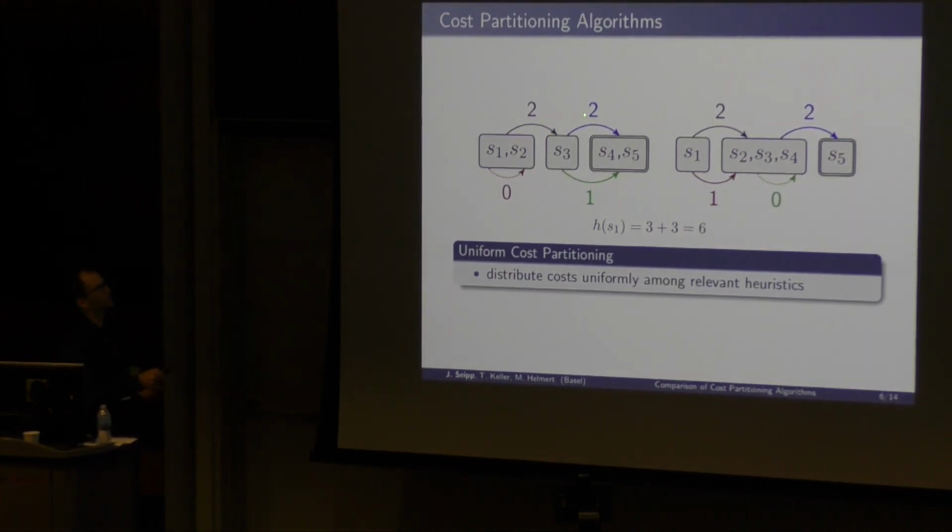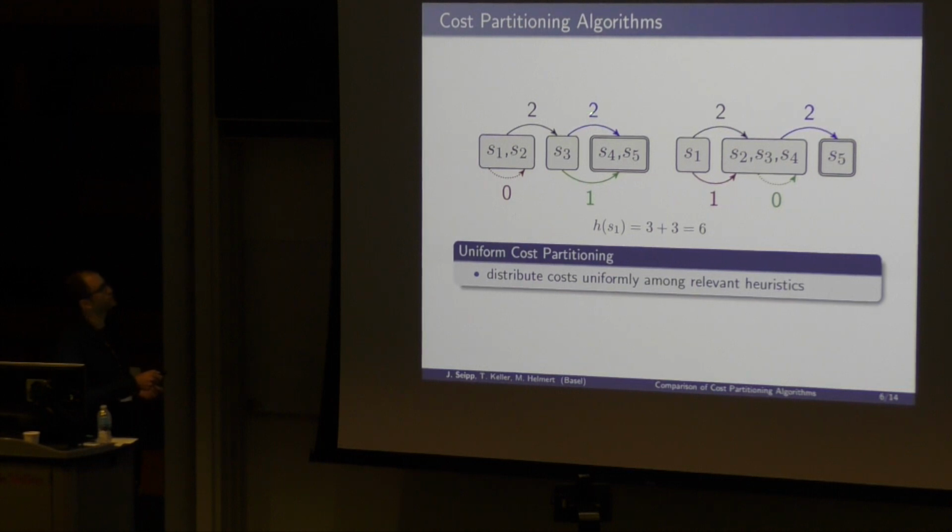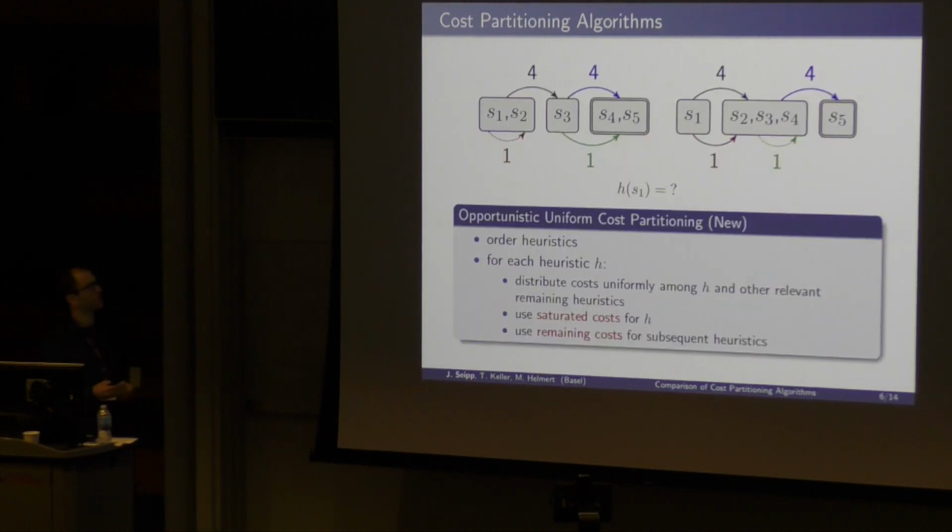So we don't actually need to use a cost of 2 here because there's a cheaper path going over the green arrow. And this is what we saw, and similarly to saturated cost partitioning, we came up with a new version of uniform cost partitioning, which we call opportunistic uniform cost partitioning. And it essentially combines saturated cost partitioning and uniform cost partitioning by also ordering the heuristics, and then similarly to uniform cost partitioning, distributing the costs uniformly among the heuristics.